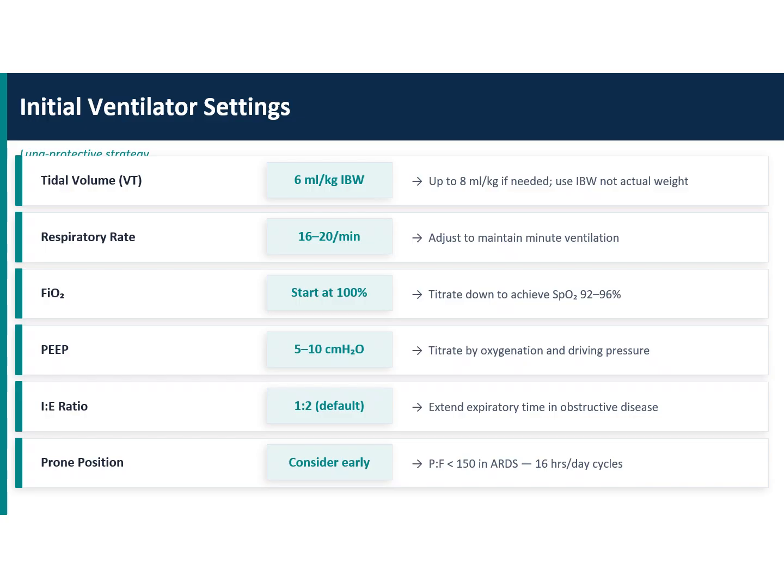Then we want to set an IE ratio. Most of the time we use an IE ratio of 1 to 2. Sometimes in patients with airway hyperreactivity or auto-PEEP, we need a little bit higher IE ratios. You can increase the expiratory time by increasing the flow rate so that the inspiratory time will drop, or by decreasing the time in the IE ratio.